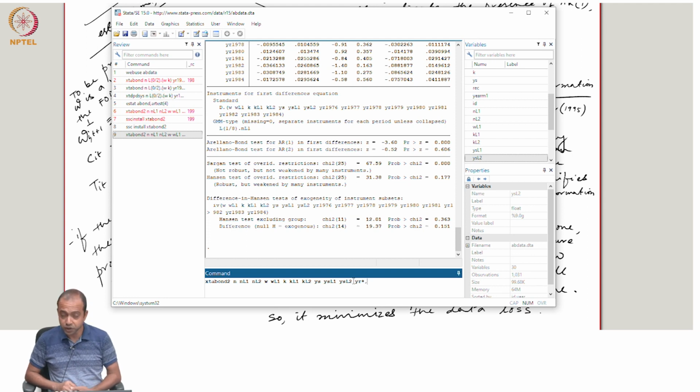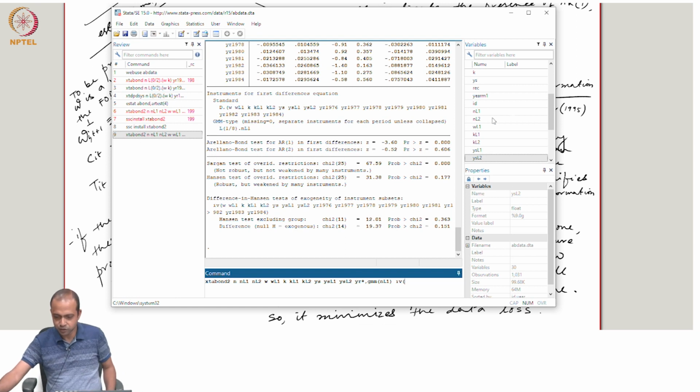Then I have to put what is my GMM, right. That means what is my endogenous variable, which is NL1, and then what is my IV?